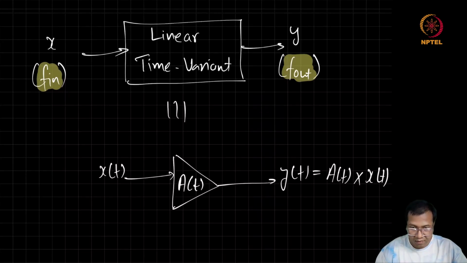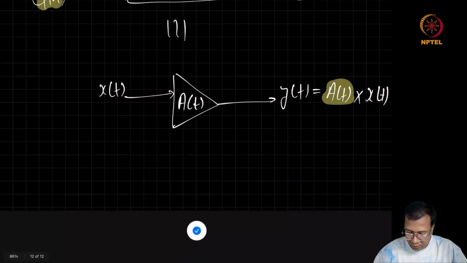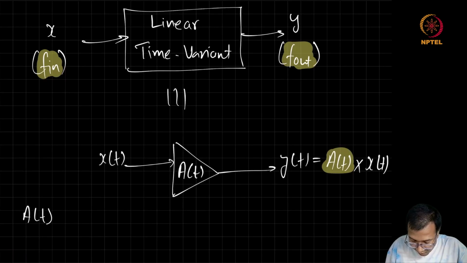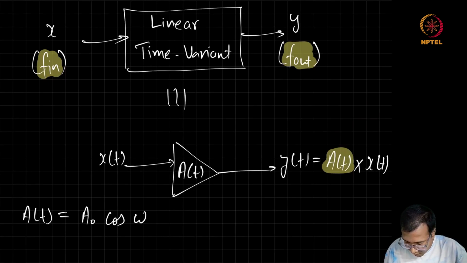So this is a good example of a time variant but linear network. It becomes time variant because of the gain being a function of time. Now let's take an example where a of t is a periodic function of time. So let me say it is something like a naught cos omega naught t.